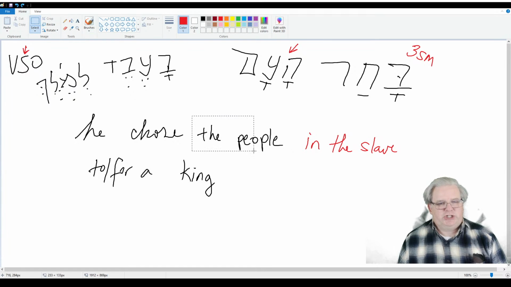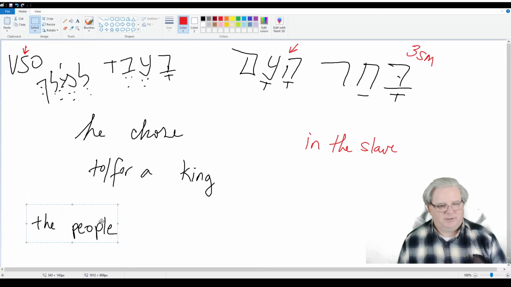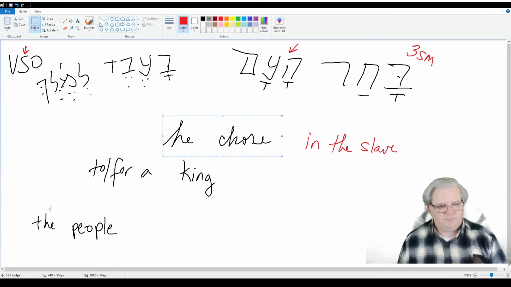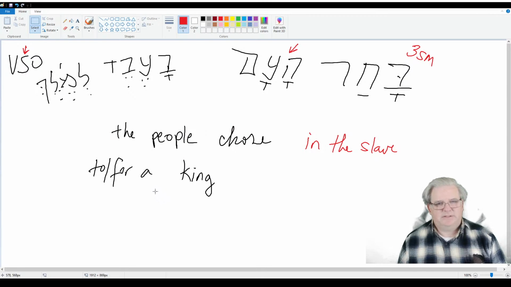This is in the wrong place for English. Wretched English. That's not going to work. And it's going to be more like this. The people chose in the slave for a king. Still not making quite much sense, but we got subject right. What about object? Well, we have this preposition baith.